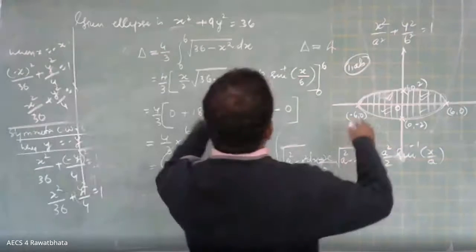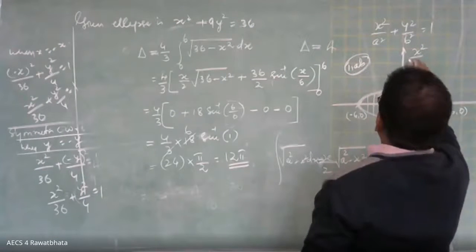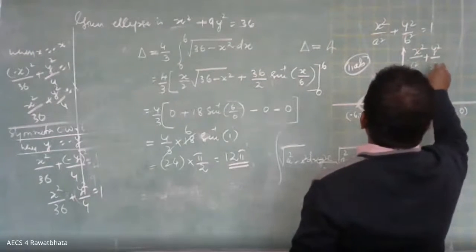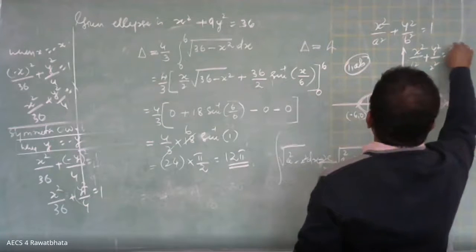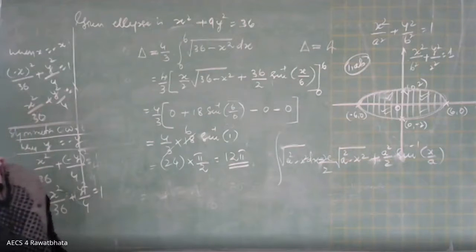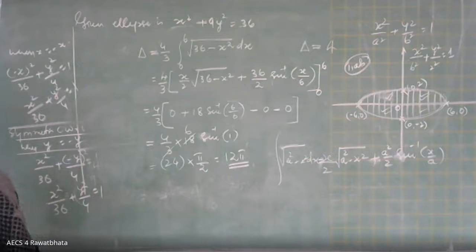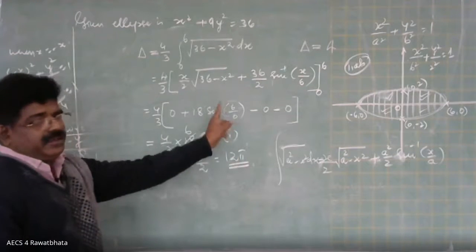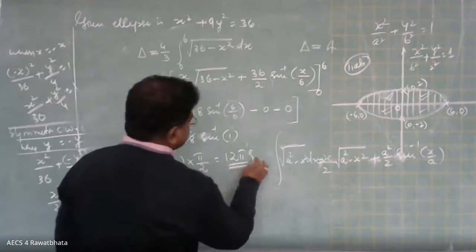But your question is x squared upon 6 squared plus y squared upon 2 squared equal to 1. In the standard form, A is 6 and B is 2. So 6 into 2 is 12, so 12 pi, pi AB, square units.